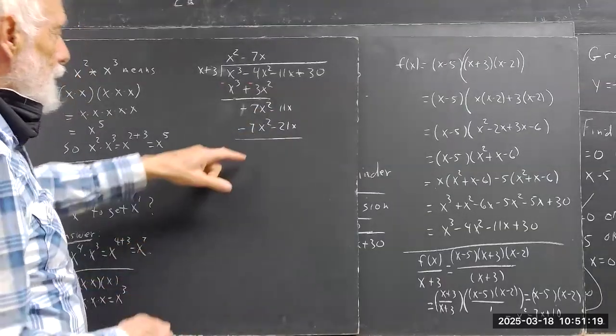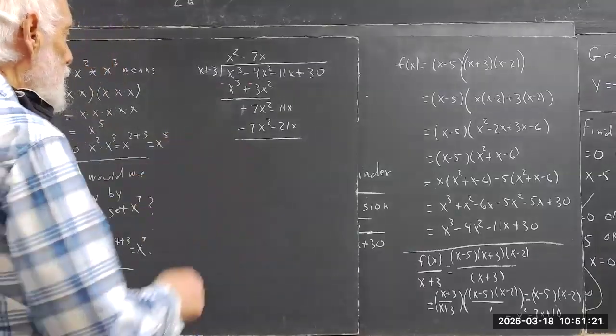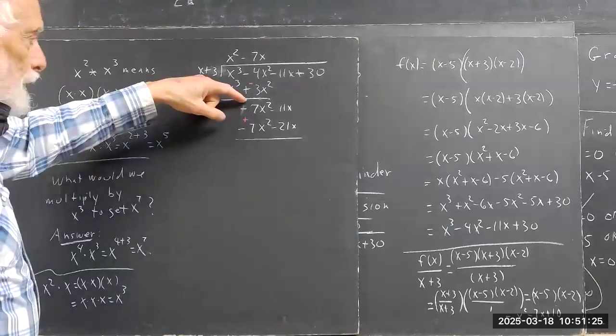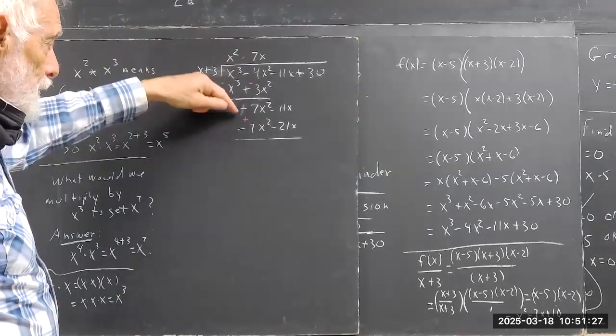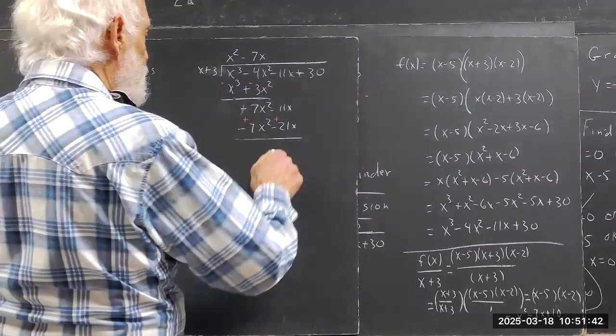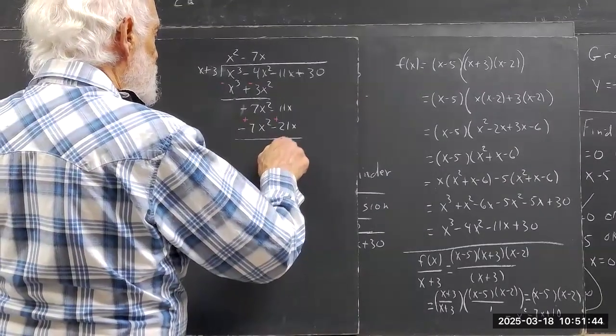Okay? But if I subtract negative 7x, that means I actually add 7x. So that negative 7x squared, it should be saying x squared. Now I've got plus.